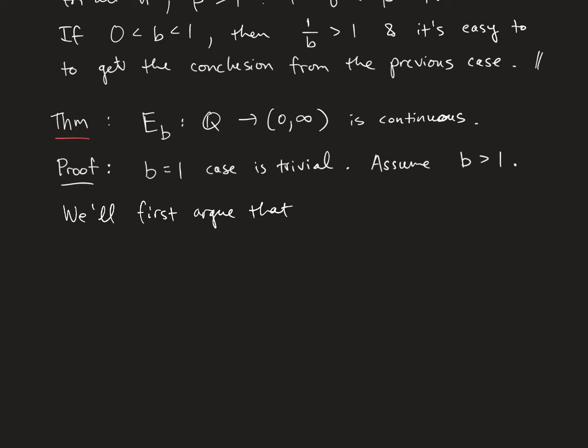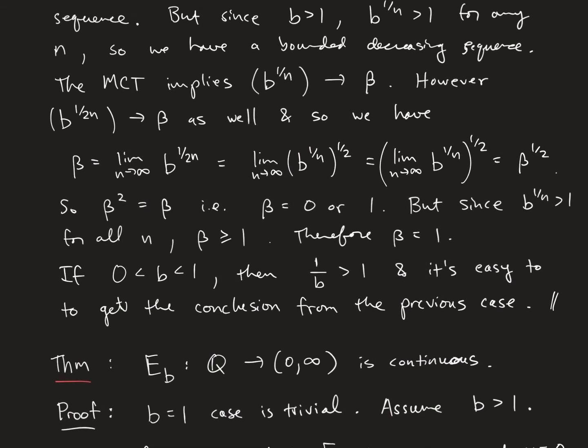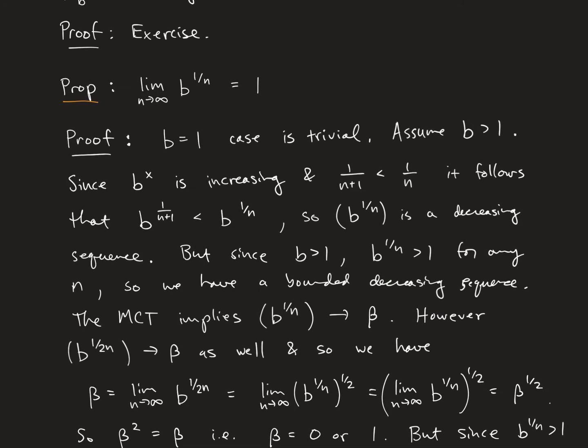So we first argue that e sub b is continuous at 0. And where this is going to come from is our previous proposition. We have this limit, so we have this one particular sequence of b to a power.